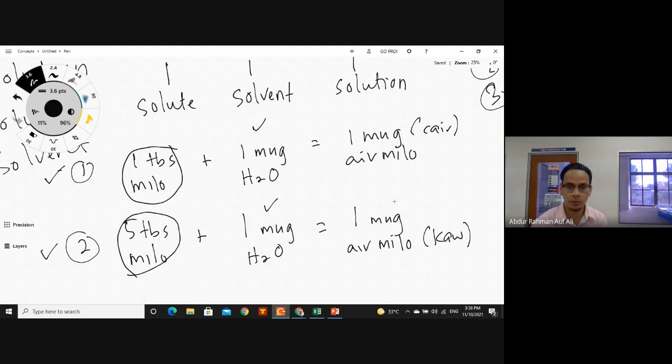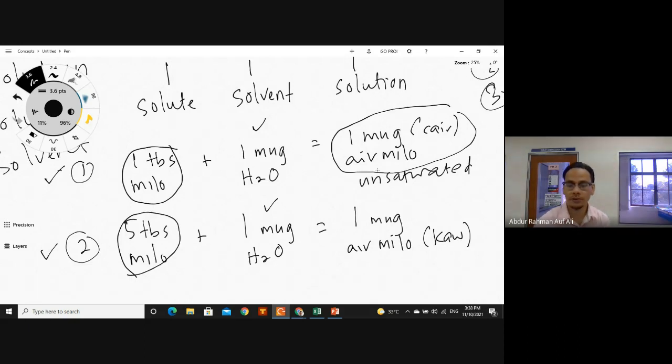So in these two air Milo yang cair ni is the unsaturated solution. Because dia ada sedikit saja serbuk Milo yang larut dalam satu cawan air tu. Dibandingkan dengan 5 tablespoon of Milo ni, okay, so kalau kita kacau dia jadi pekat, kau. Semua serbuk Milo tu larut.